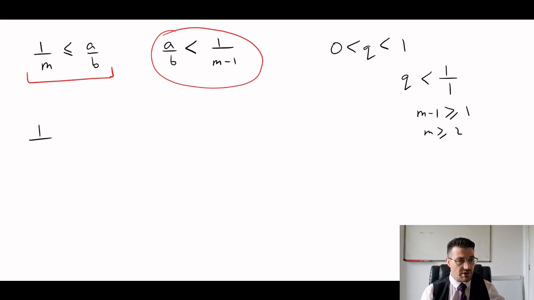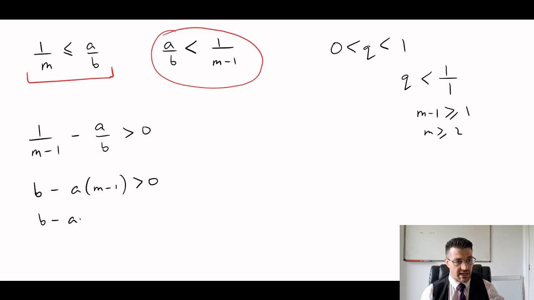Okay, so 1 over M minus 1 minus A over B, therefore, is going to be greater than 0. So we don't need to worry about negative numbers and things like that here. So we can multiply through, clear denominators, and I get B minus A times M minus 1 is greater than 0. Therefore, B minus AM.